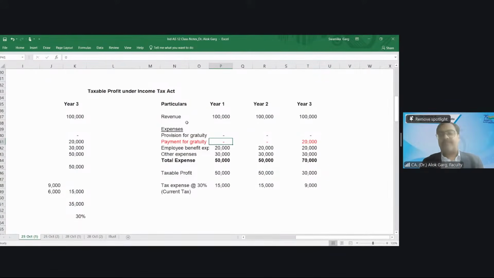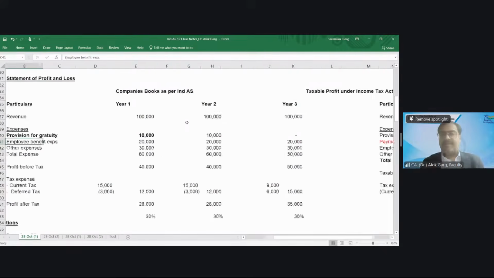Disallowed, sir. And will this expense, disallowed in the current year, be reversed in a future year? No, sir, it's a permanent difference. So on a permanent difference, no deferred tax will be created, because it does not have the potential of reversal. Deferred tax is created only on temporary differences.